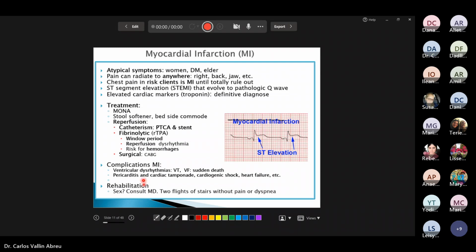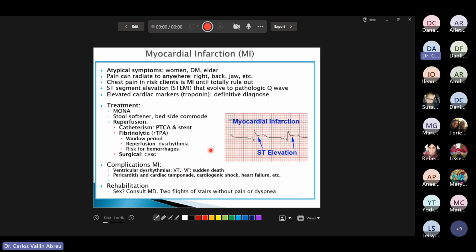The main cause of dying because of a myocardial infarction is sudden death, that you suddenly die during the acute phase, the first 72 hours. This is because clients with myocardial infarction have the tendency to develop ventricular dysrhythmia, specifically VTAC without pulse or ventricular fibrillation.